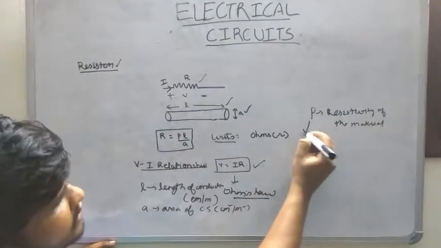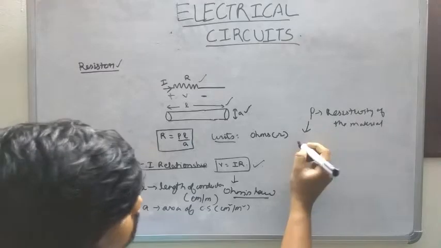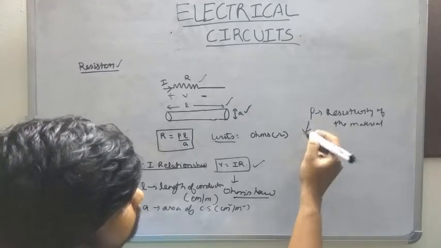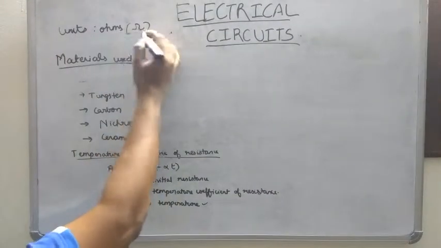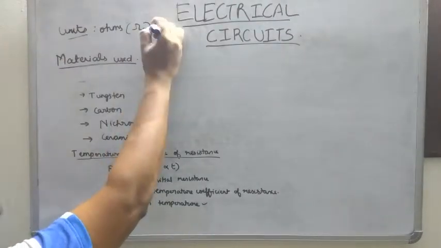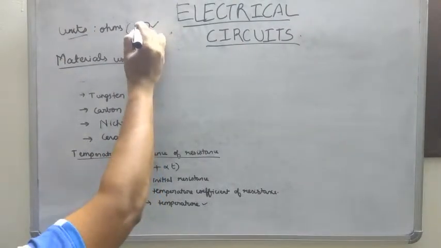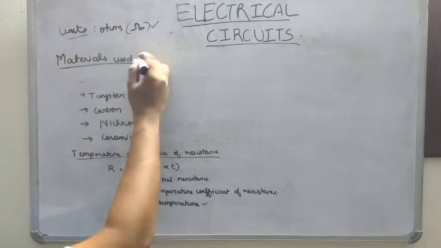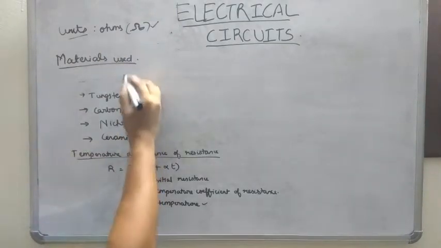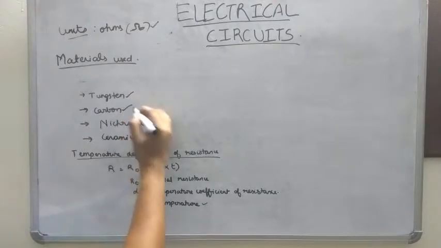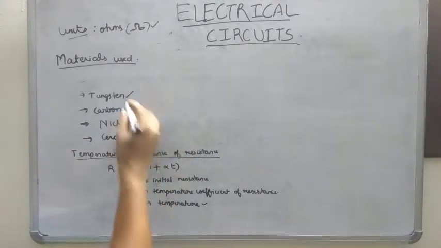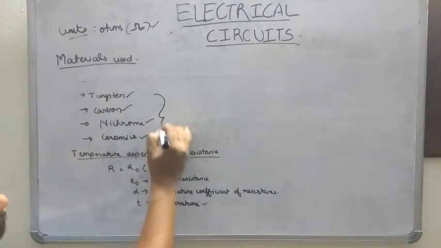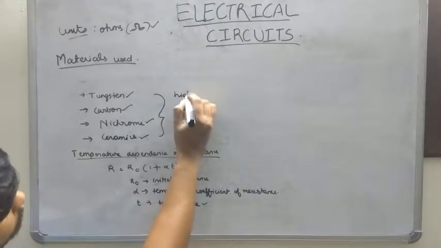Actually, the resistivity of a material varies. It is not fixed. It depends upon the type of material we use to manufacture the resistance. The unit of resistance is ohms, and it is denoted by this symbol. Now coming to the materials used for manufacturing resistance, we use tungsten, carbon, nichrome and ceramics, and the reason for using these materials is they have high melting and boiling points.